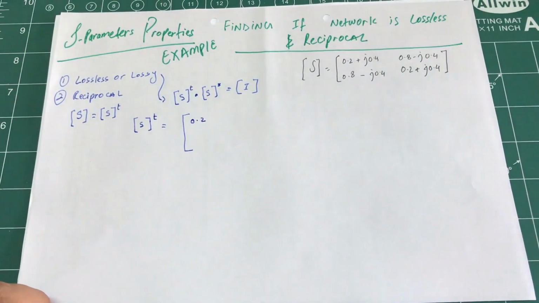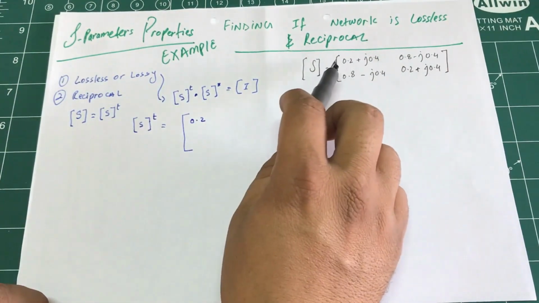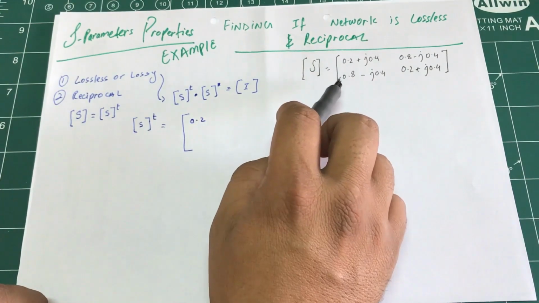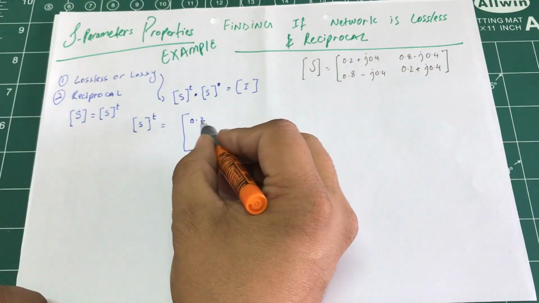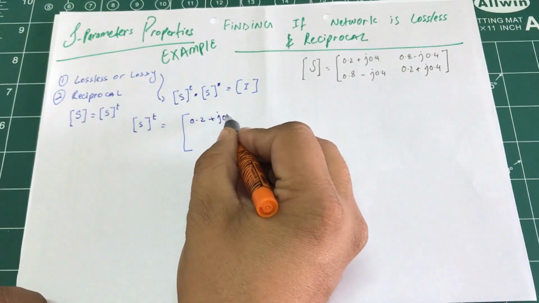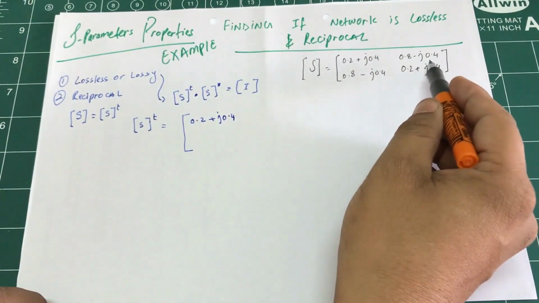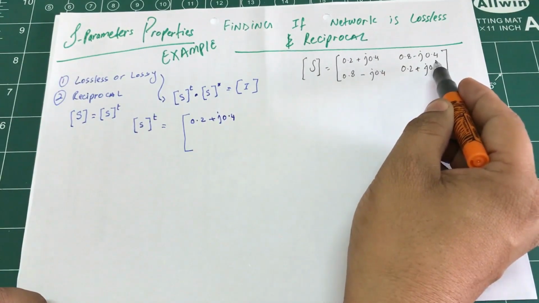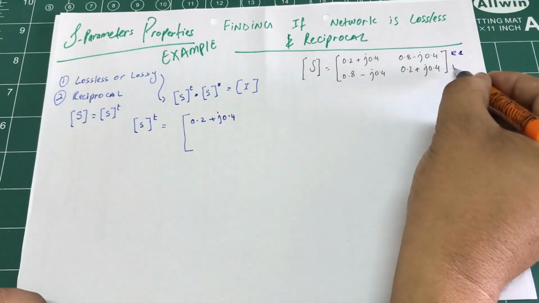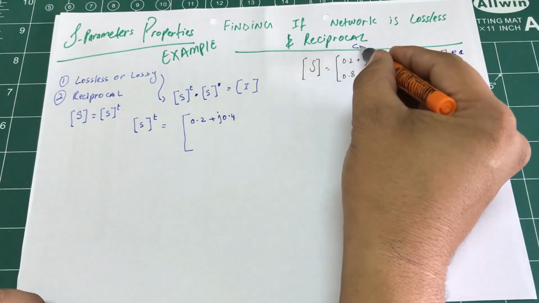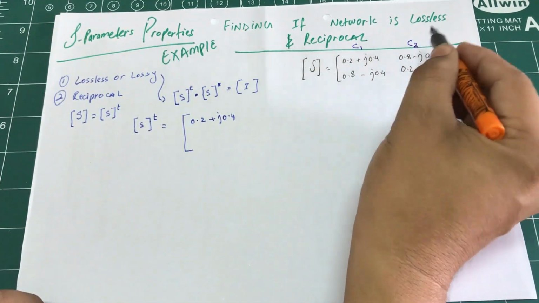In a transpose, whatever we have in terms of rows, how many rows are there? There are 2 rows. I'm going to write the first row in terms of a column, so 0.2 plus j 0.4. This is the first row, row 1. This is row 2. This is C1, C2.